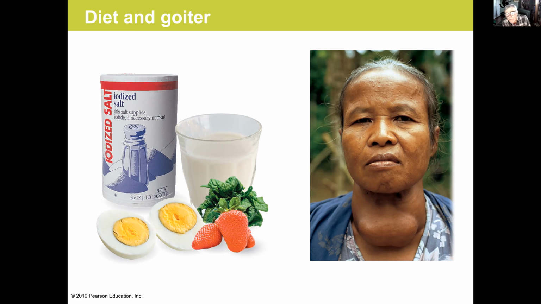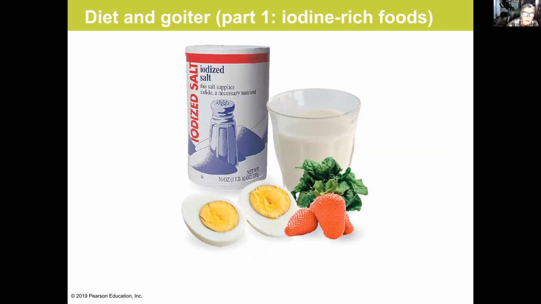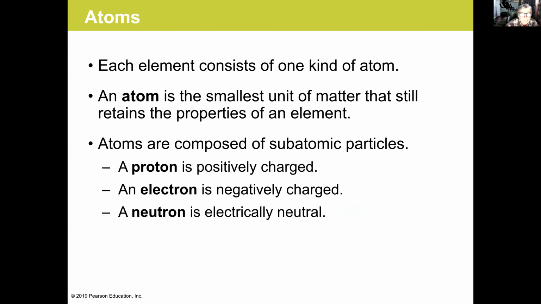It's called a goiter. It very rarely happens in the United States anymore because they put iodine in salt. Also if you eat a lot of seafood, you never have to worry about it. Iodine-rich foods also include strawberries, eggs, and milk.